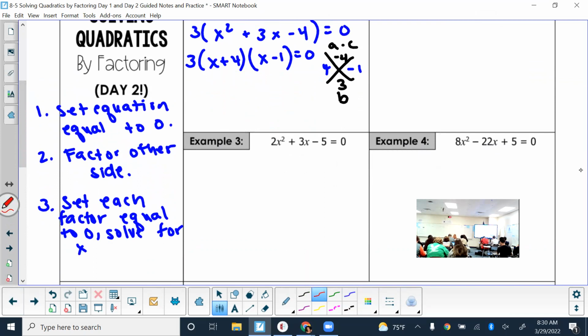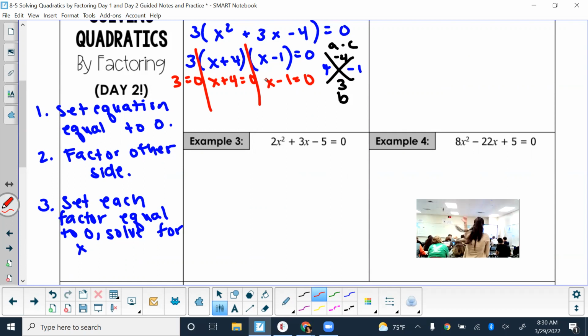And in this situation, I have 3 factors actually, because factors are things that are being multiplied together. So 3 is a factor, and each parenthesis is a factor. I know it looks weird, but just set each one equal to 0. So I have 3 equals 0, x plus 4 equals 0, and x minus 1 equals 0. And we're going to solve for x in each situation.